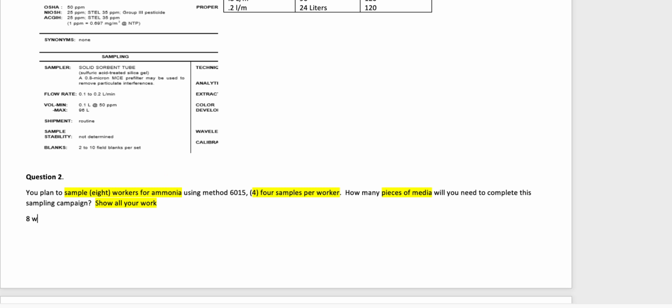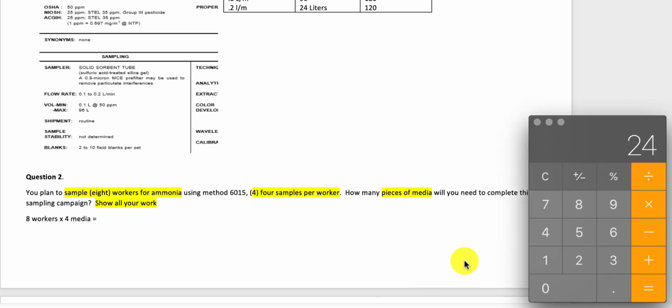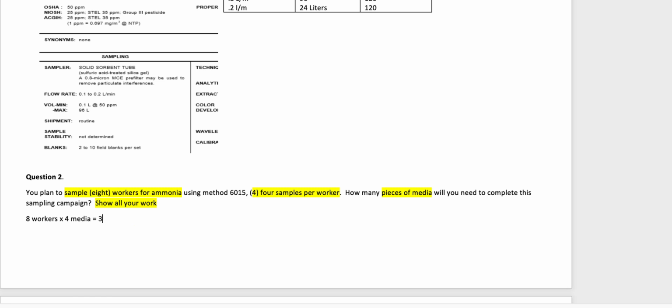So we could start with 8 workers times 4 media equals 32 media for samples plus 1 calibration media plus, let's see, how many blanks? 2 to 10 field blanks.